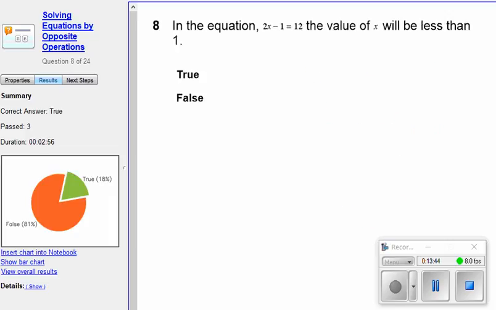And your final true-false question says, in the equation 2x minus 1 equals 12, the value of x will be less than 1. Well, let's just think about it. Without isolating it, if I was to just simply cover up, you know what, I'm going to marvel at technology here. Watch this. I'm going to take a creative pen.